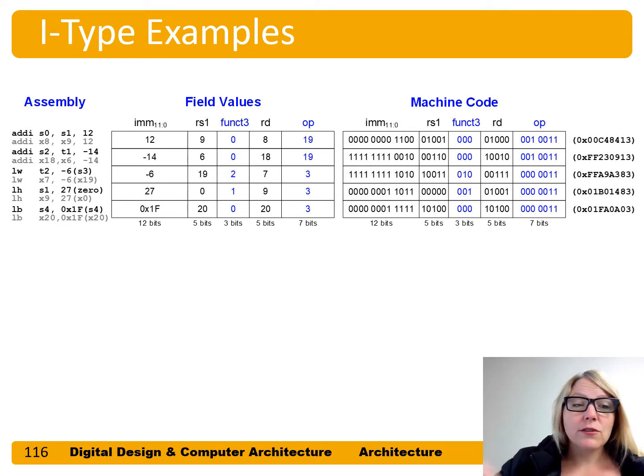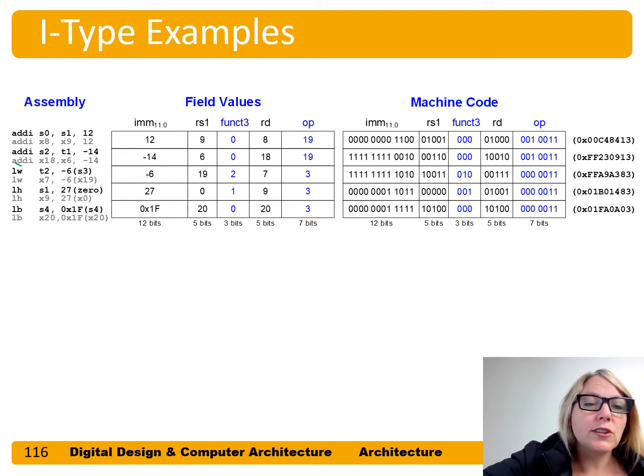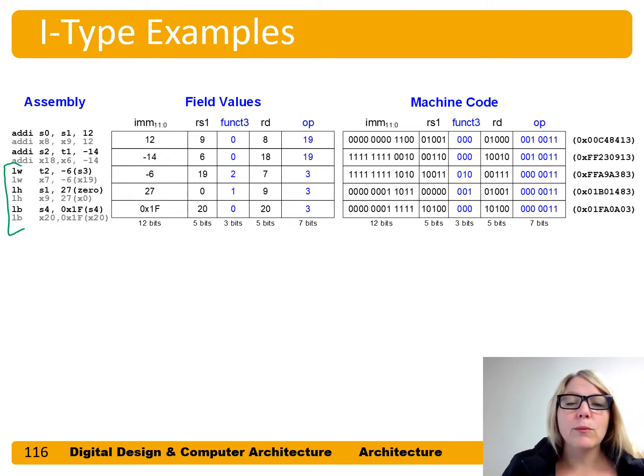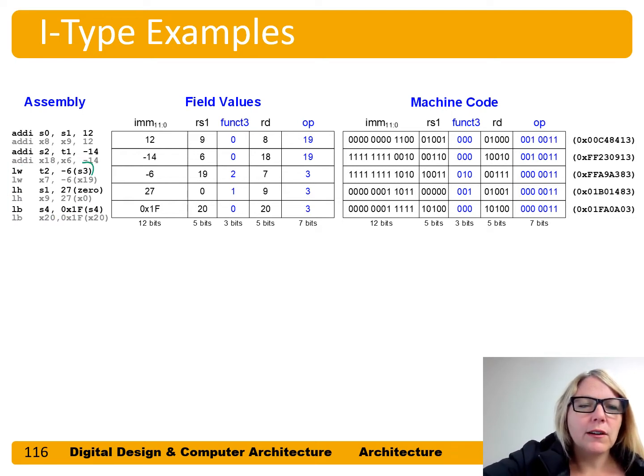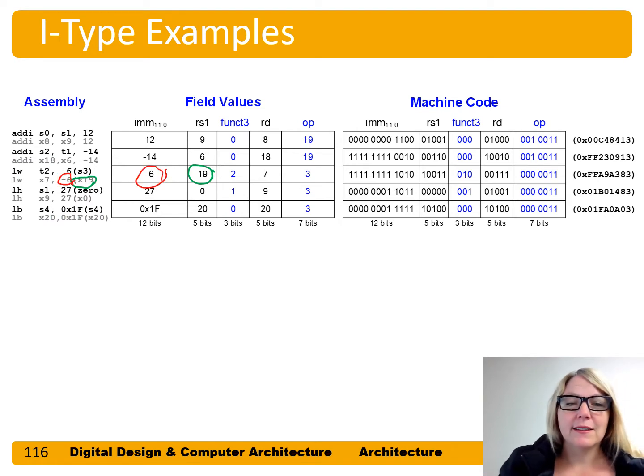It turns out that these load instructions, load word, load half, and load byte, are also I-type format. They use the I-type format. So we have our source register, S3. We're going to use that as a source operand. That's register 19. And we're going to encode an immediate field. In this case, -6 is the offset.